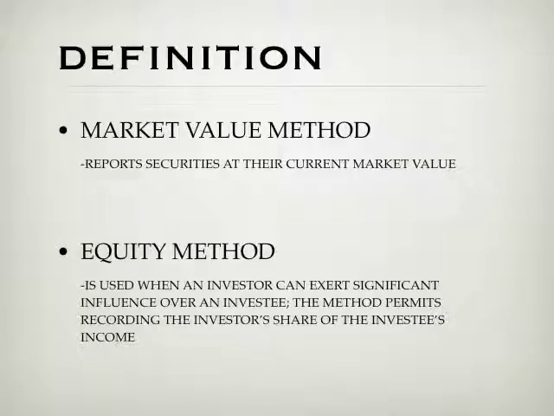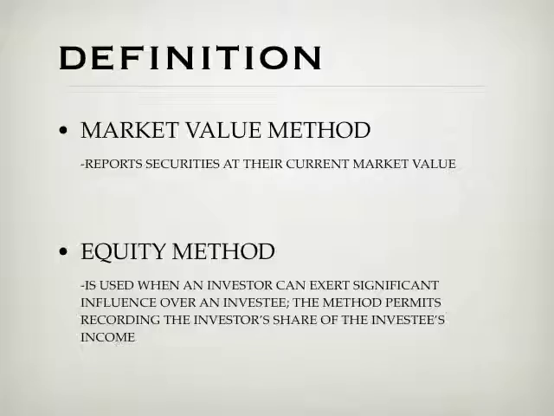First of all, before I can answer the questions, we have to know the definition of market value method and equity method. The market value method basically reports securities at their current market value. So it's very clear.